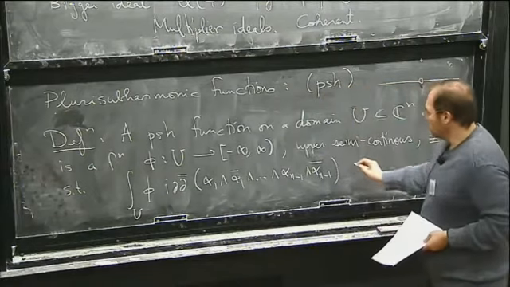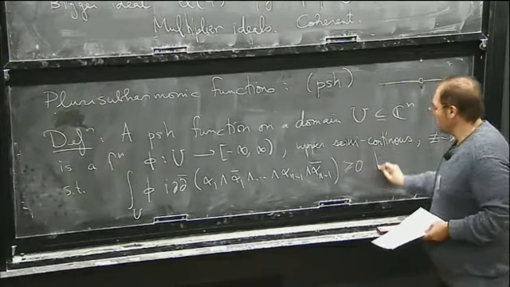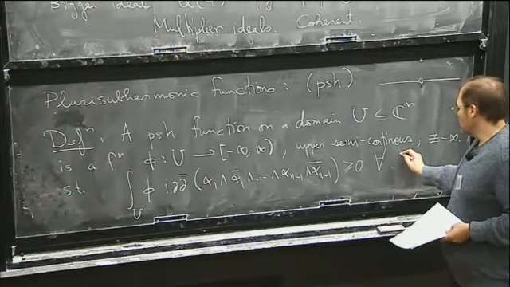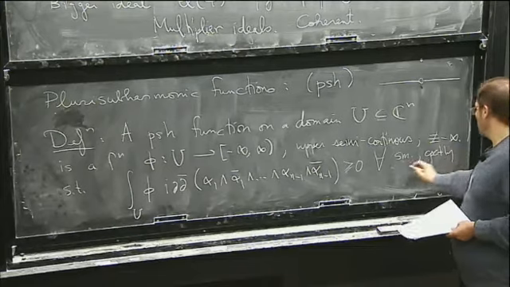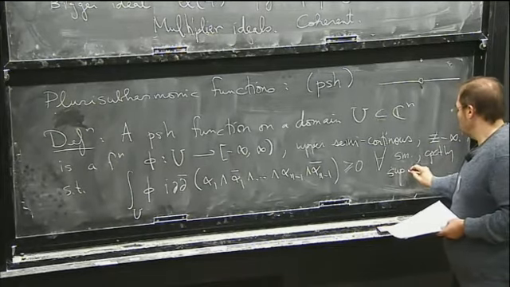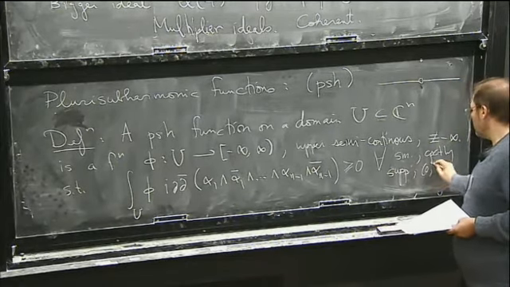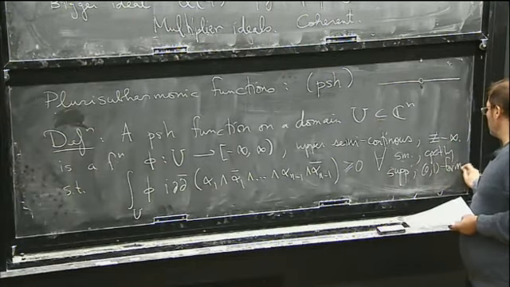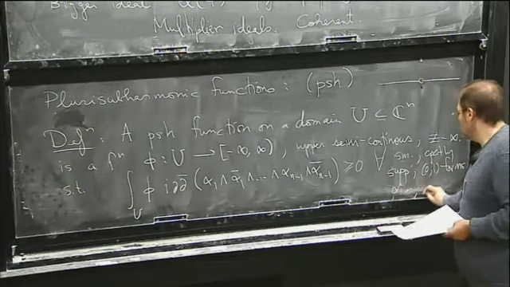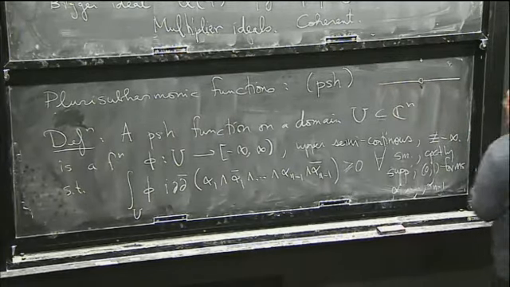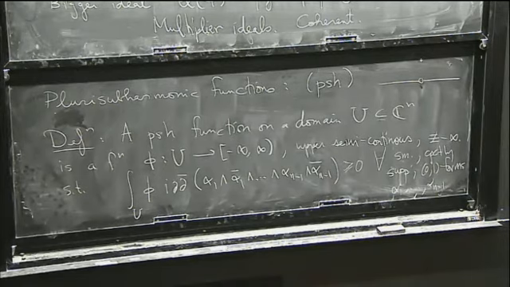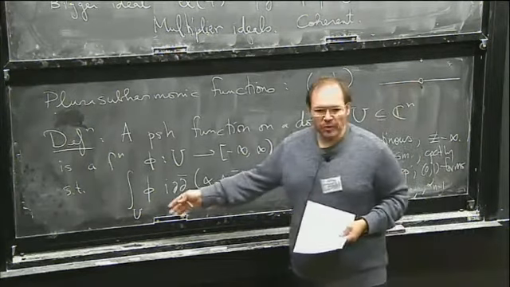And you ask for this to be non-negative. This is for all smooth, compactly supported (n-1, n-1) forms, alpha 1 up to alpha n minus 1. Okay. So, right, once you have a locally integrable function, you can differentiate it as a distribution.